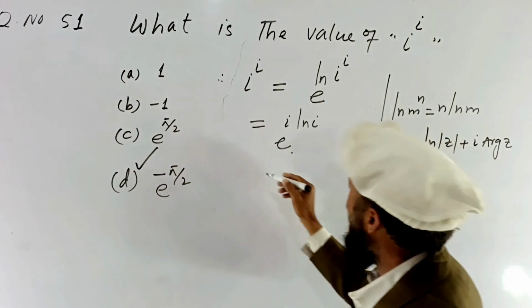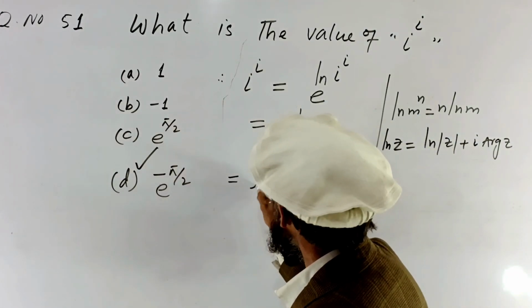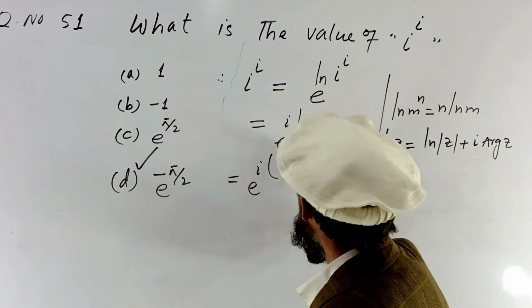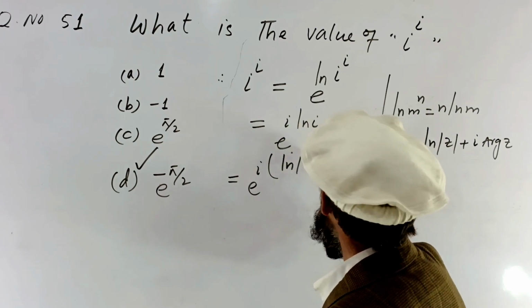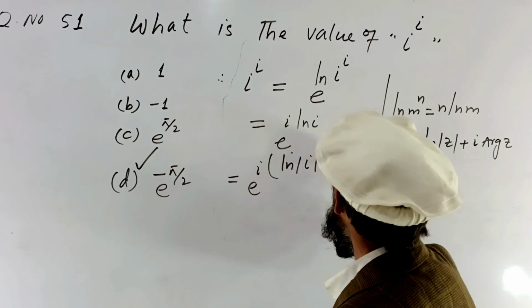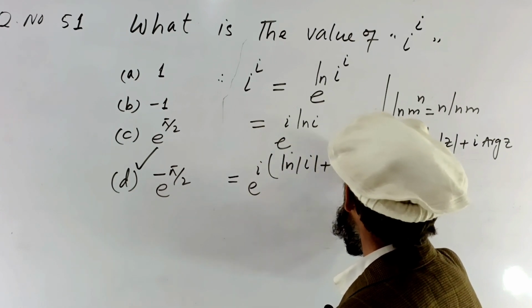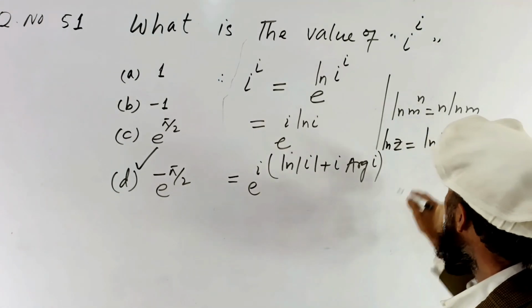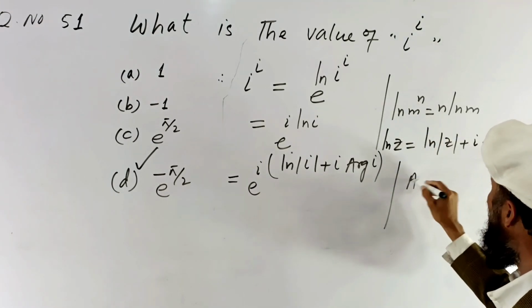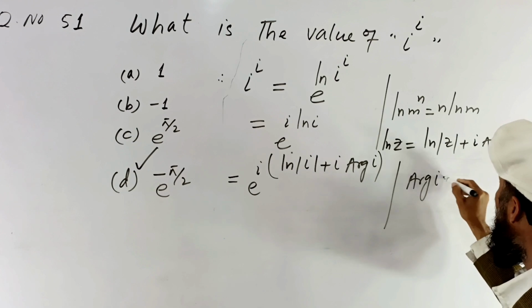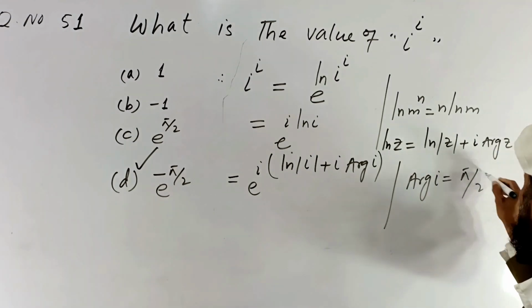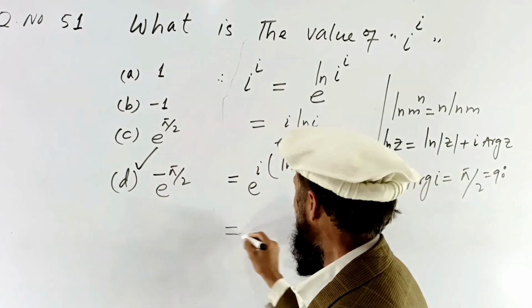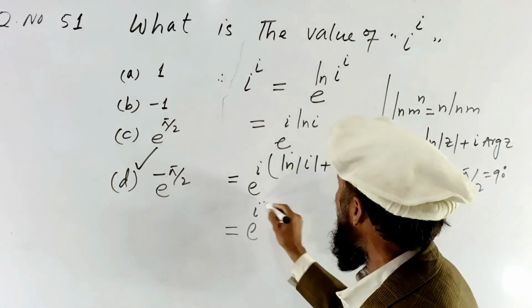So e to the iota times log of absolute iota plus iota argument of i. Here the argument of i is equal to pi by 2, that is 90 degrees.